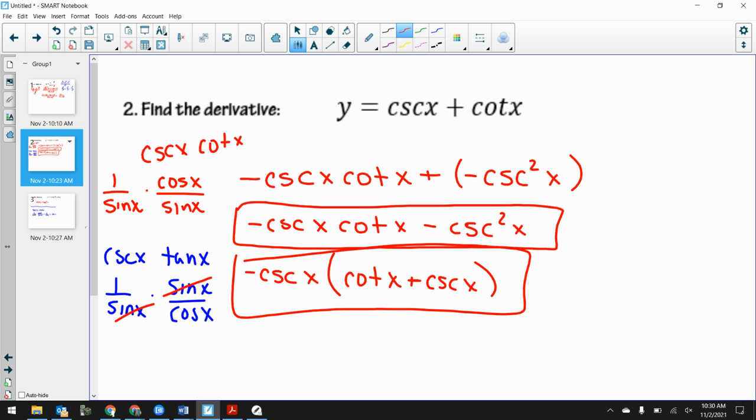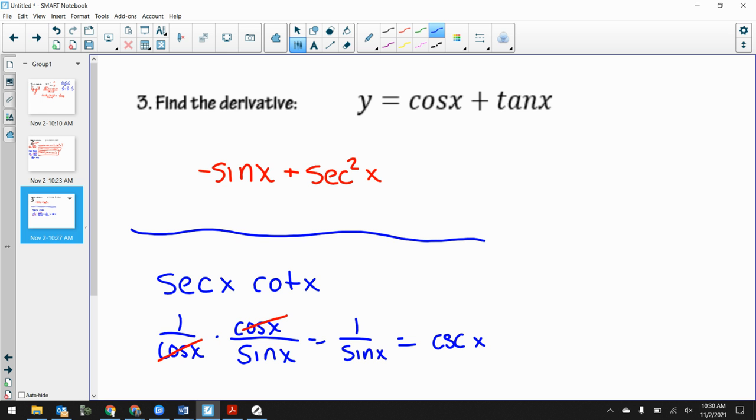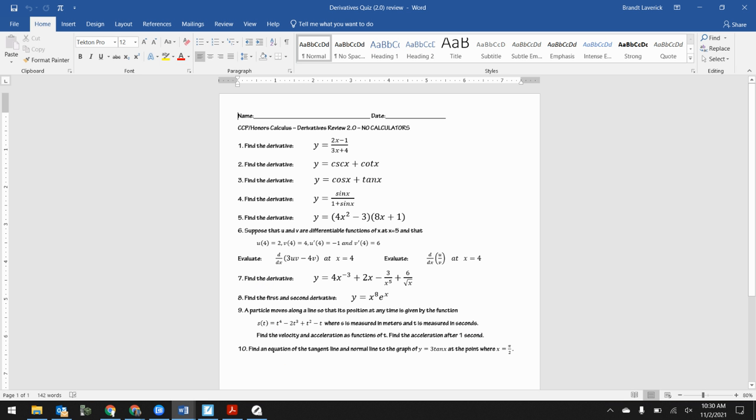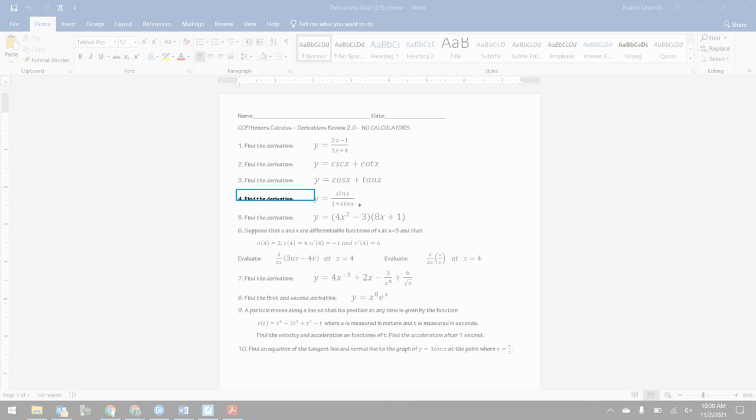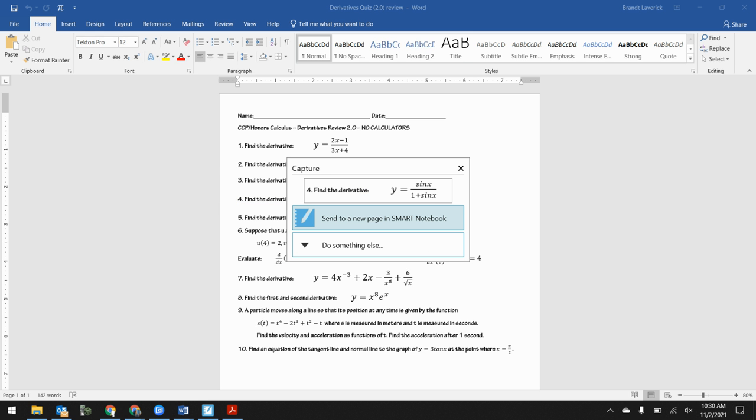So it would have been 1 over cosine x, which is secant x. Always watch out for those. Okay, but we didn't have that. I'm not saying that the one on the quiz will be exactly like these. I just was throwing them in there just to see what it was like.